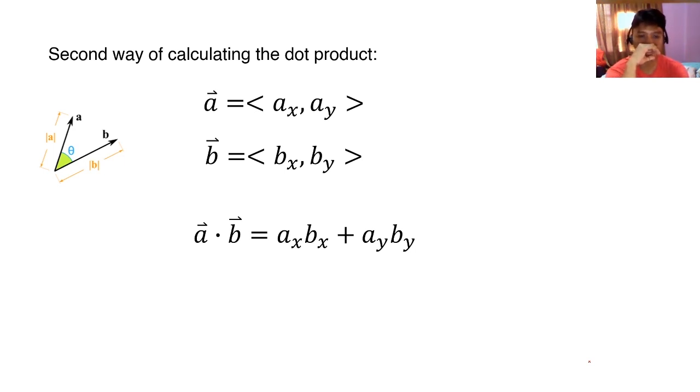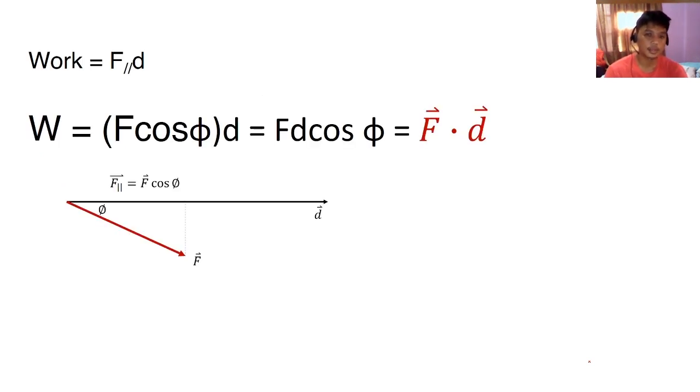And you're not using matrices here because you only use matrices if you want to get a vector out of the solution. But again, dot product is a scalar. So therefore, our definition of work can be expressed as the dot product between the force vector and the displacement vector.